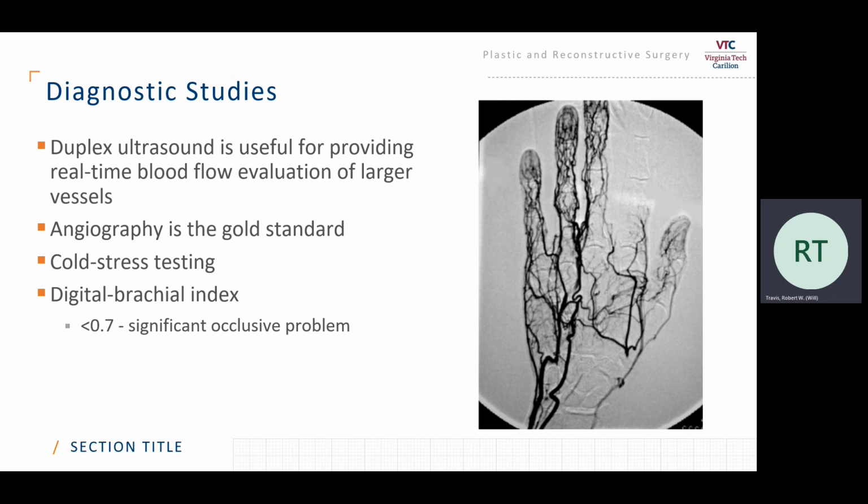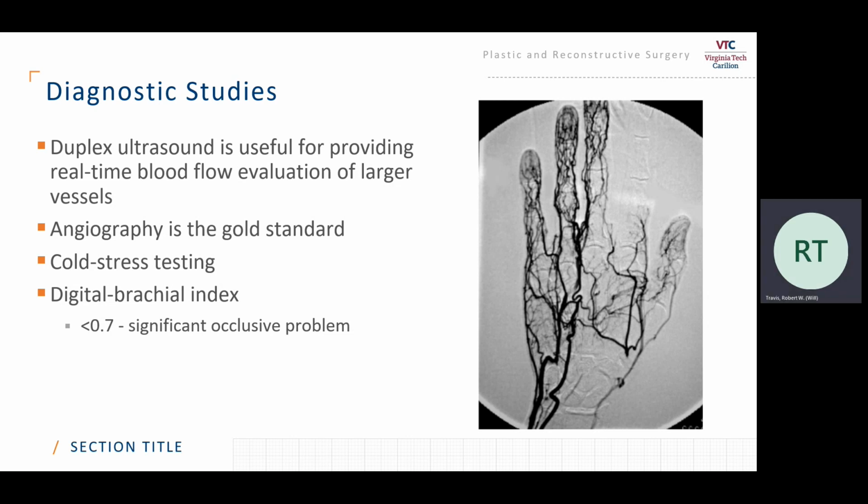Cold stress testing, in which you submerge the hand in cold water for several minutes, then use a laser Doppler to measure rewarming, can be useful. And then you also perform your test for a digital brachial index, which is similar to the ABI in the lower extremity. And if this number is less than 0.7, that may signify an occlusive issue.